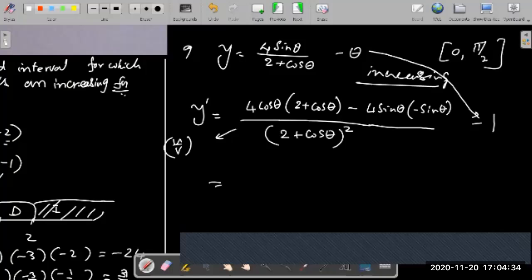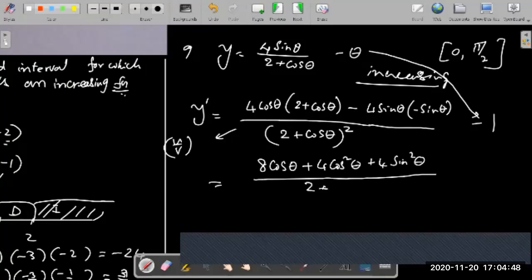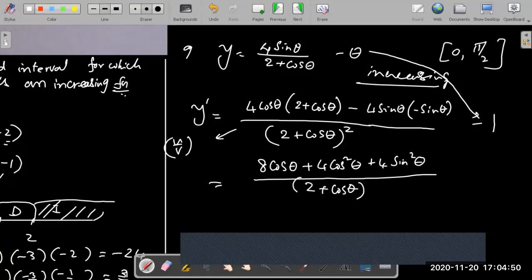So now simplifying this, you get 8 cos theta plus 4 cos square theta, minus into minus plus, you get 4 sin square theta here, divided by 2 plus cos theta whole squared, minus 1.